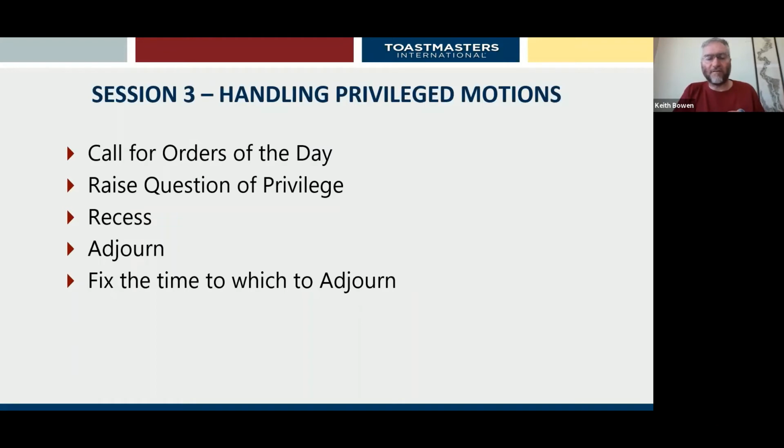The other part of good chairing is that you do not participate in the discussion. If the chair wants a motion passed, generally it's a good idea for the chair to remove themselves and put someone else in charge, like the second in command, so they can participate in the debate.